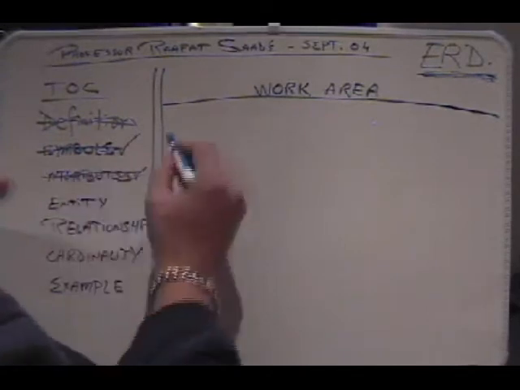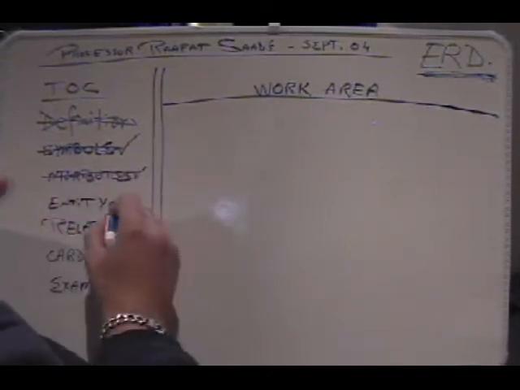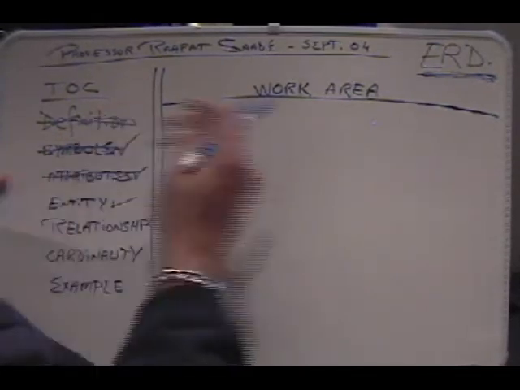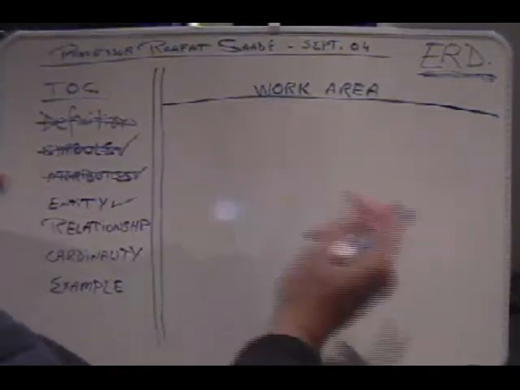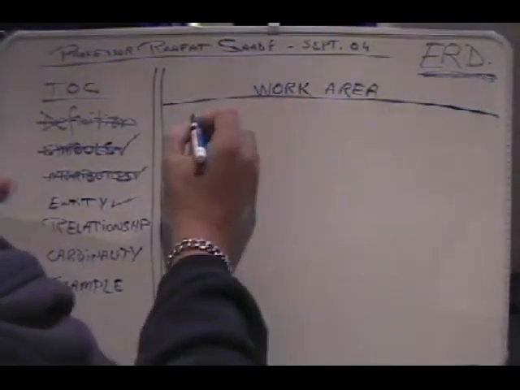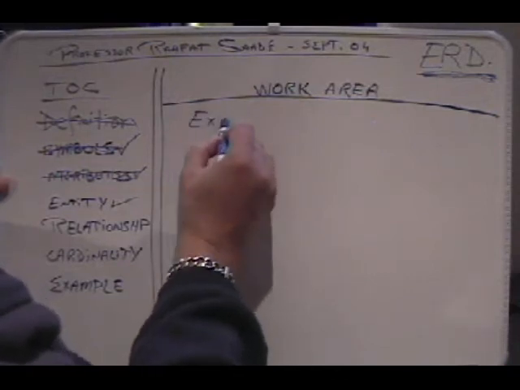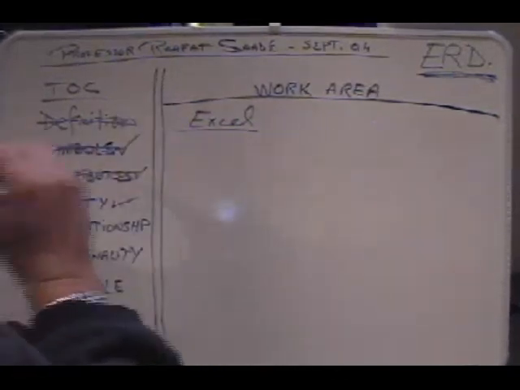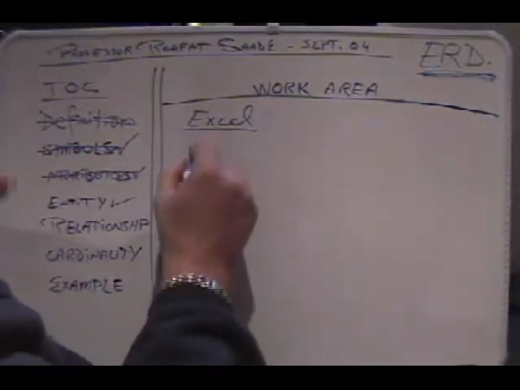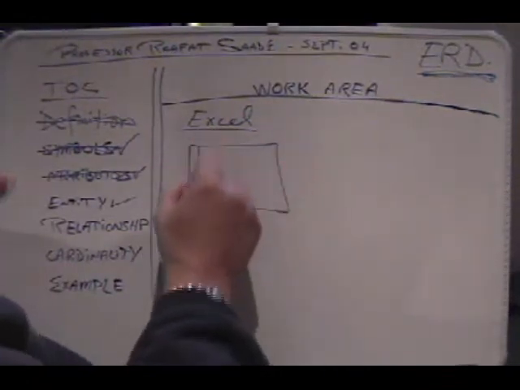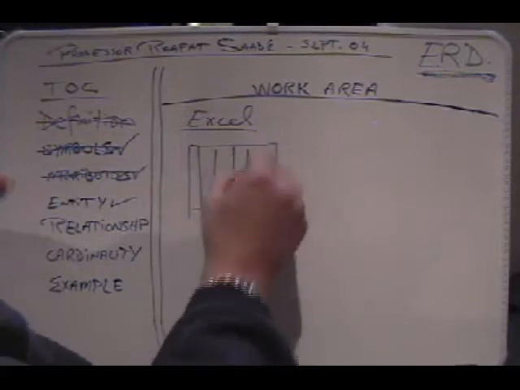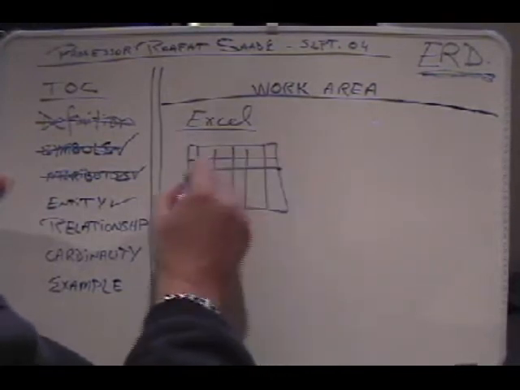Now to finish with the entity, let's recall, what does entity mean? Remember, you all work with Excel, and in Excel, which is a spreadsheet, you have a table which is made of columns and which is made of rows.